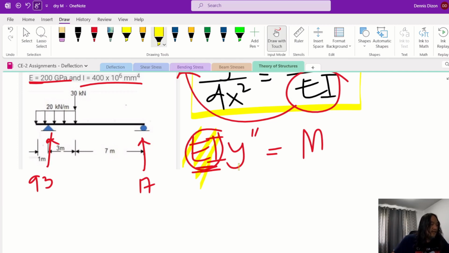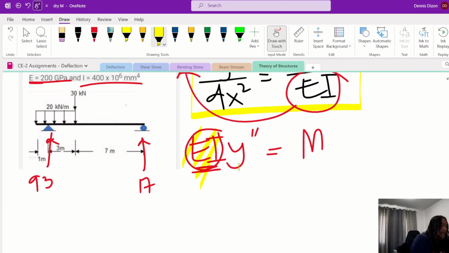Now to get the moment for the deflection using the double integration method, the first assumption is the load is continuous, right? Then you will cut a section that would cover all of the load.